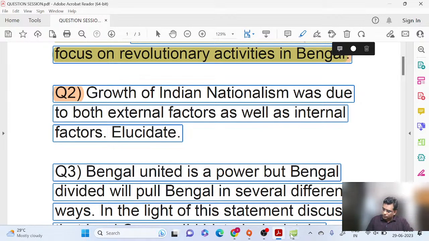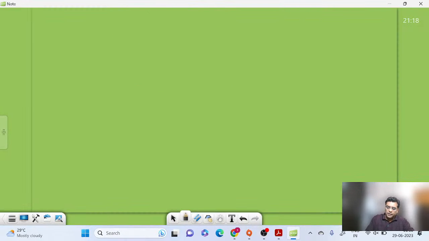So in this question on nationalism, in the second half of the 19th century there was a rise of nationalism in different parts of the world. Among the international factors, the French revolutionary ideas and the unification of Italy and Germany played a very significant role.